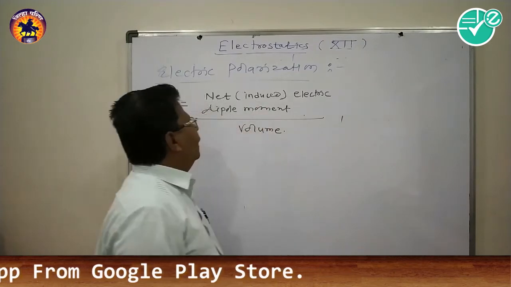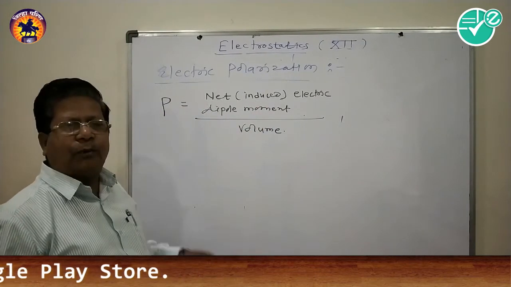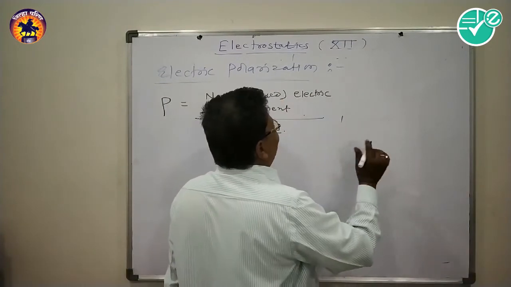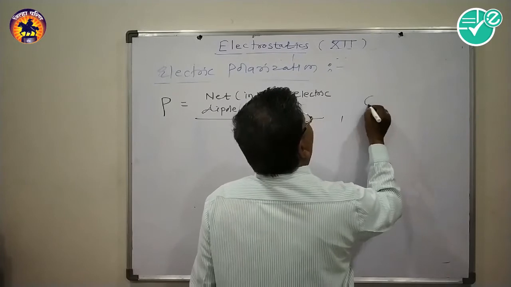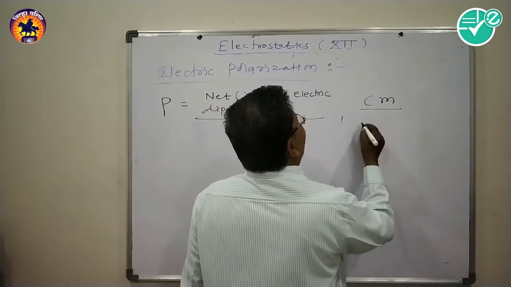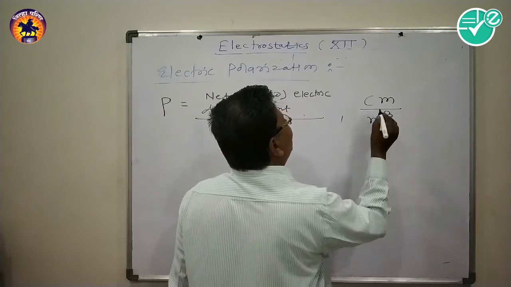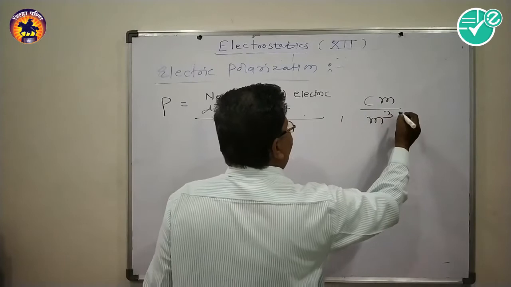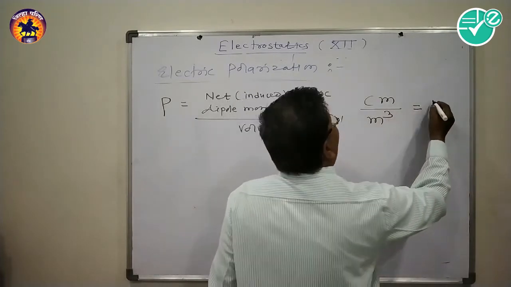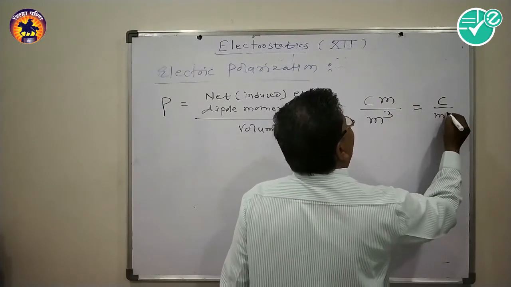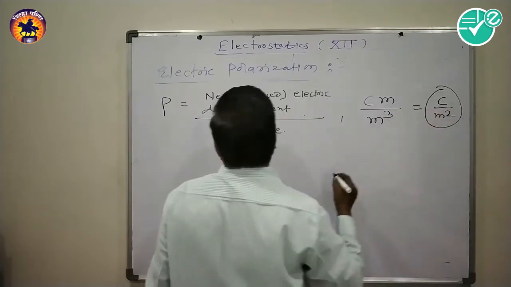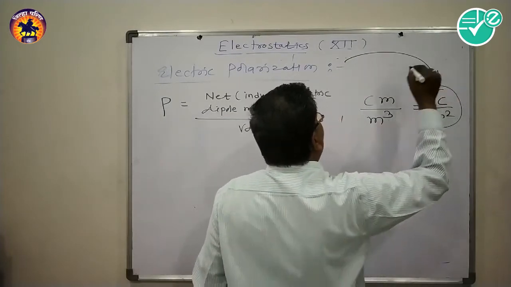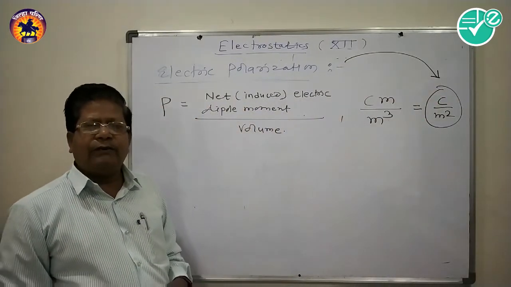From this, the SI unit of electric dipole moment is coulomb into meter, divided by the unit of volume, meter cube, and therefore we get the SI unit of electric polarization as coulomb per meter square.